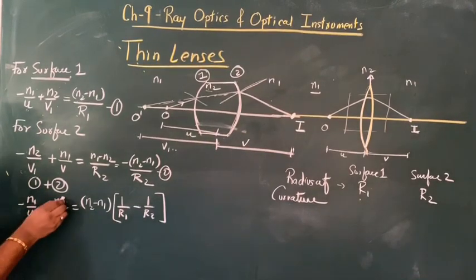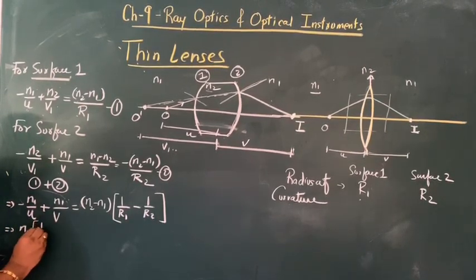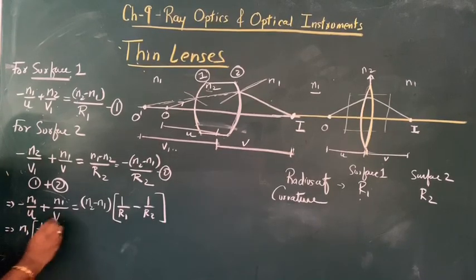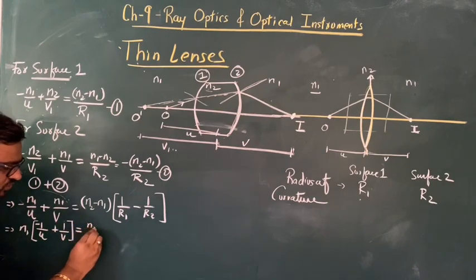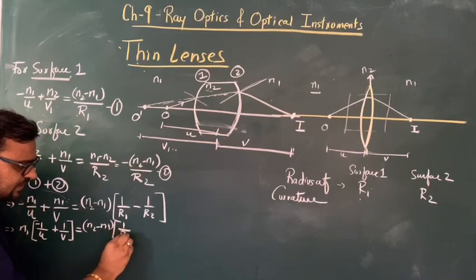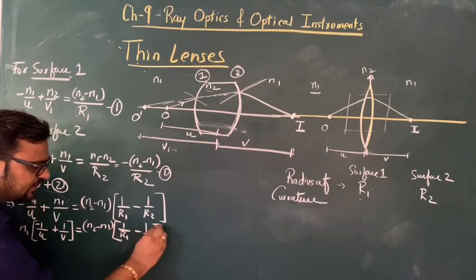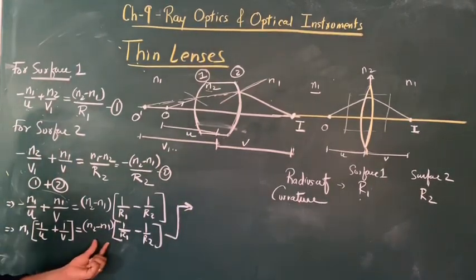Now I can take n1 common from here. So n1 taken common, minus 1 by u plus 1 by v equals n2 minus n1, 1 by R1 minus 1 by R2. Now I have taken n1 common here, so I will take it to this side.